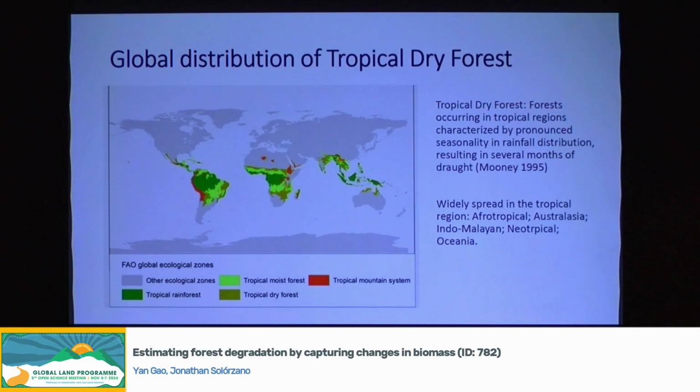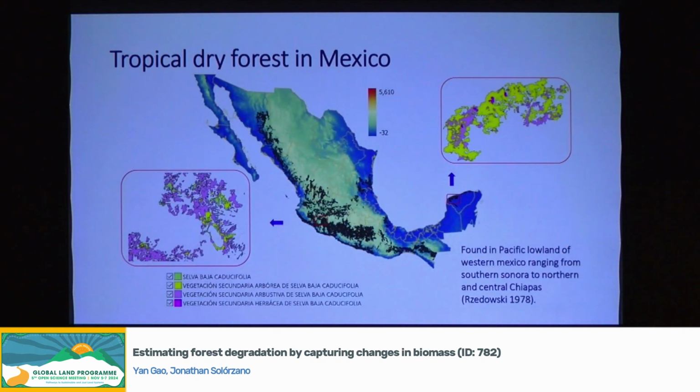And here is also a brief definition of tropical dry forest. It is forests occurring in tropical regions, characterized by pronounced seasonality in rainfall distribution, resulting in several months of drought. Here is a map of distribution of tropical dry forest in Mexico. I want to call your attention here.